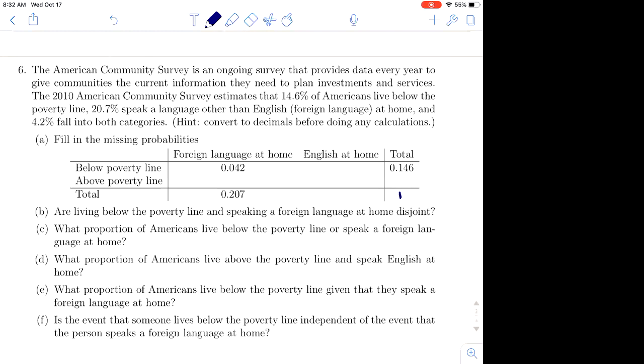Okay. So I'll just work my way across. The total below the poverty line, doesn't matter what language you speak at home, is 0.146. So 0.146 minus 0.042, taking away that overlap, means that we have 0.104 living below the poverty line who speak English at home.